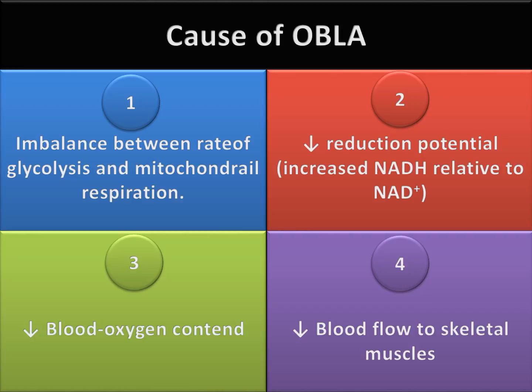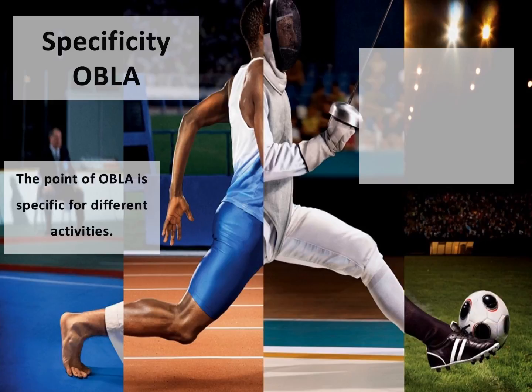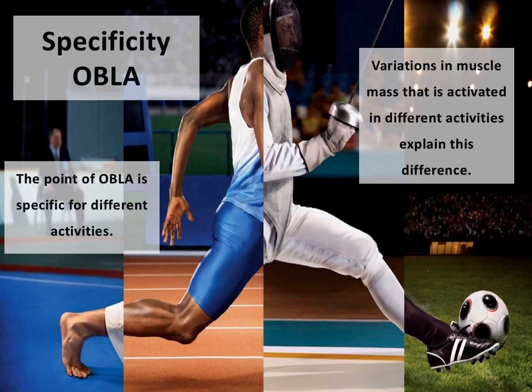All of these factors favor anaerobic metabolism and cause a decrease in aerobic metabolism. Think back to the principle of specificity. We will apply it to OBLA. The point of OBLA is specific for different activities. Variations in muscle mass activated explain the difference in various activities.